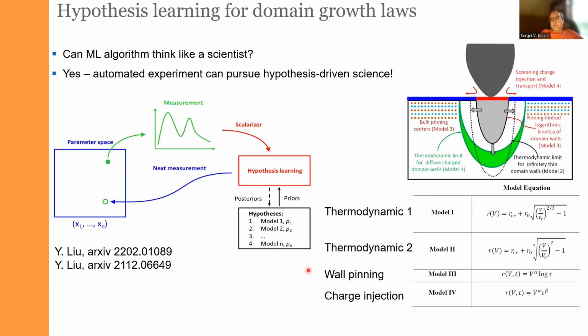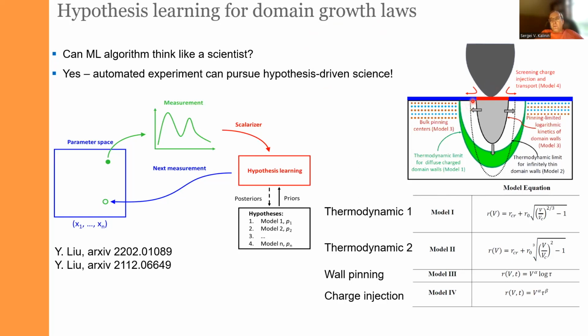This is the second example, where it actually did work. In this case, we studied the phenomenon of polarization switching by the AFM tip. This is something that the whole piezoresponse force microscopy community has explored for maybe 30 years by now.